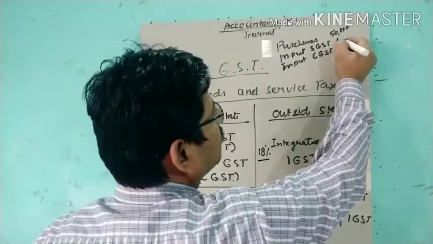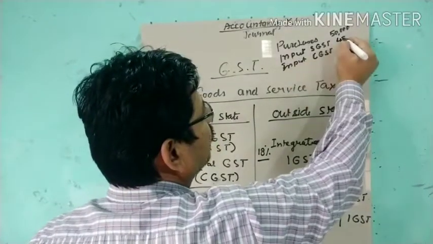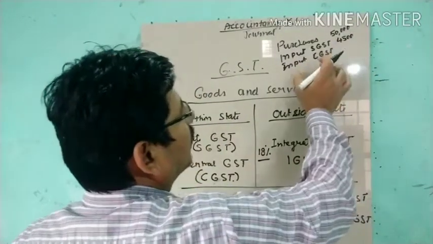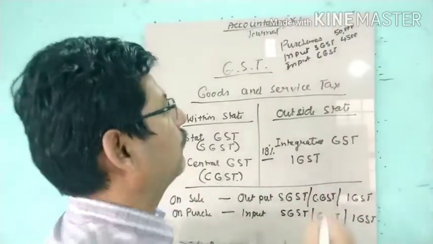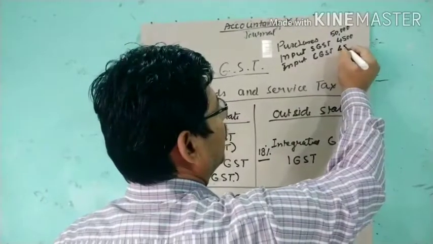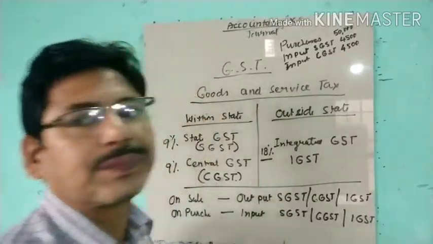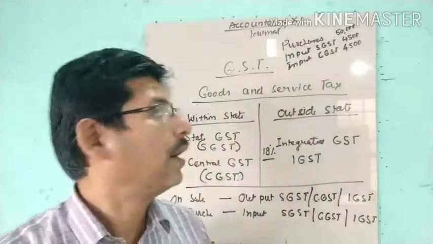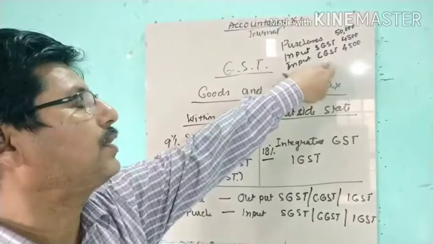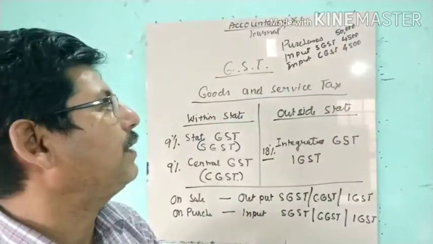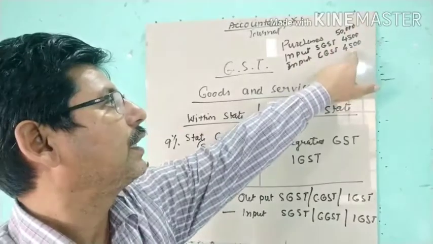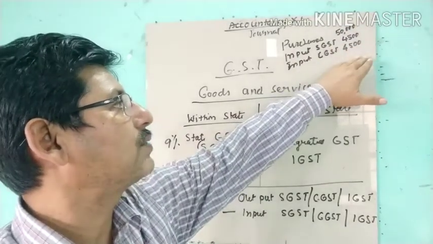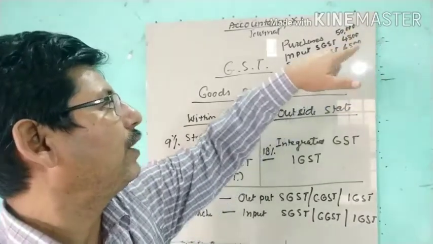Out of that, 9%, that is 4,500, will go to input SGST and 4,500 to input CGST, making a total of 9,000 rupees tax.